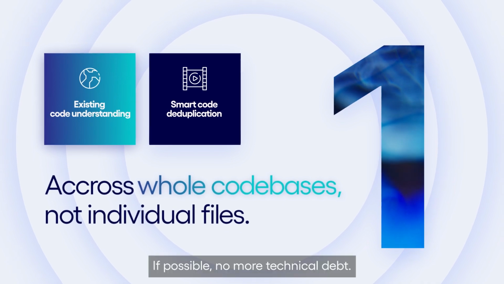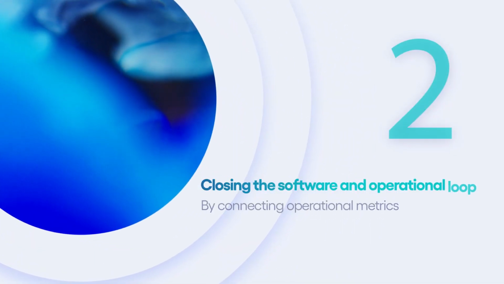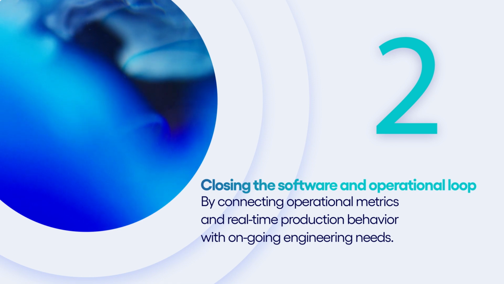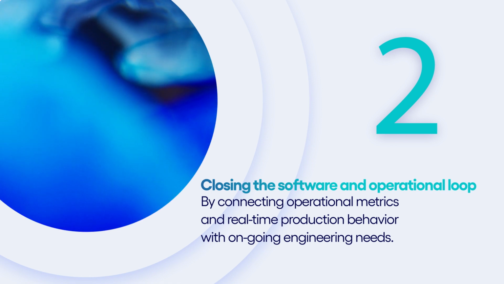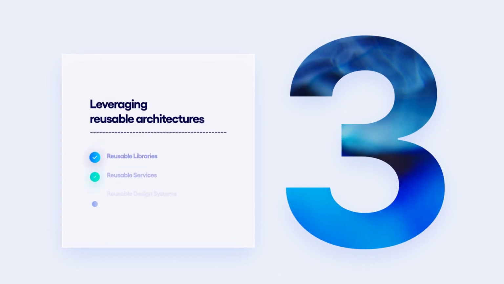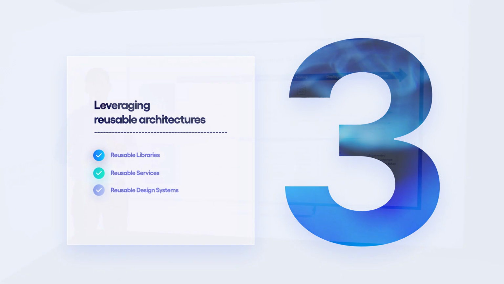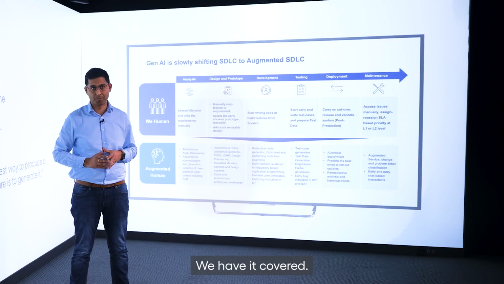If possible, no more technical debt. Or closing the software and operational loop by connecting operational metrics and real-time production behavior with ongoing engineering needs. Or leveraging reusable architecture in terms of reusable libraries, services, and design systems, we have it covered.